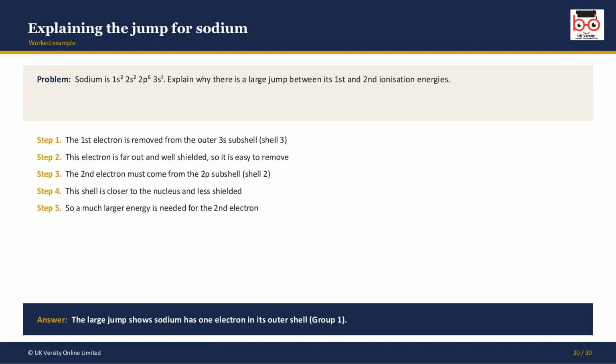It's far from the nucleus and well shielded, so it's relatively easy to remove. But the second electron has to come from the 2p subshell in shell 2, much closer to the nucleus and far less shielded. That takes a great deal more energy, and the size of that jump tells us sodium has just one electron in its outer shell, marking it out as group 1.